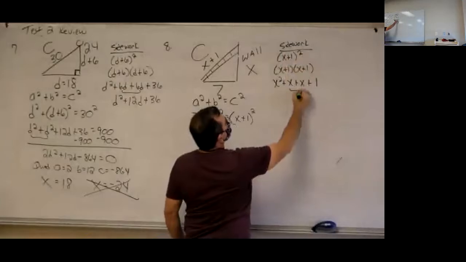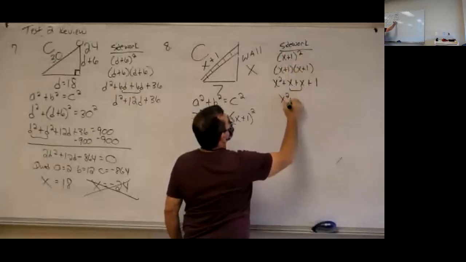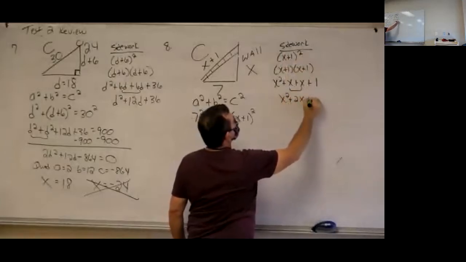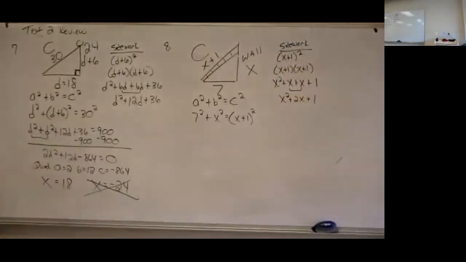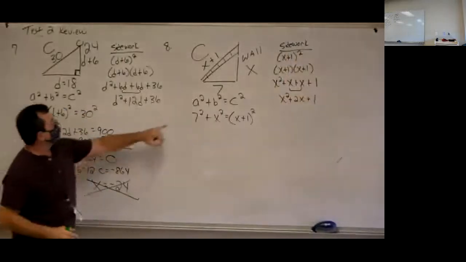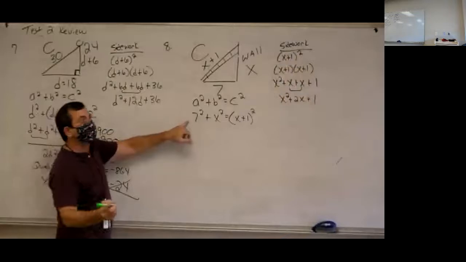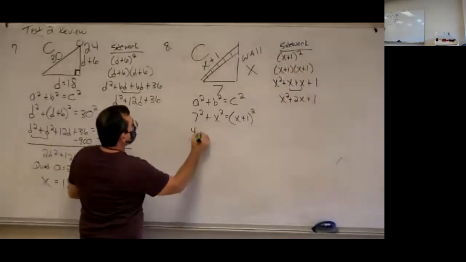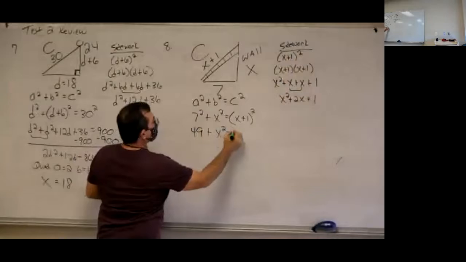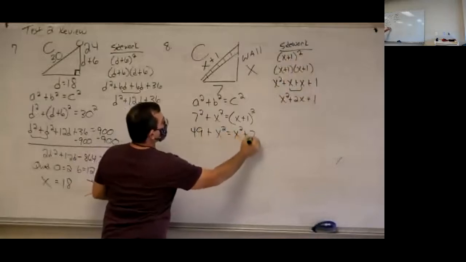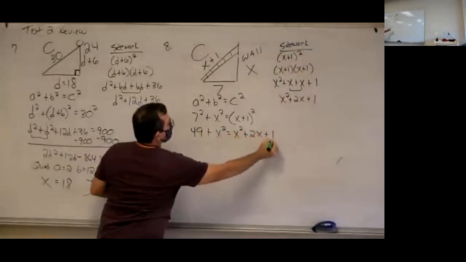And then once again, I'll add like terms. So I get x squared plus 2x plus 1. So that's basically going to be what's going to happen to my right side. So 7 squared, we know that's 49, plus my x squared is going to equal x squared plus 2x plus 1.